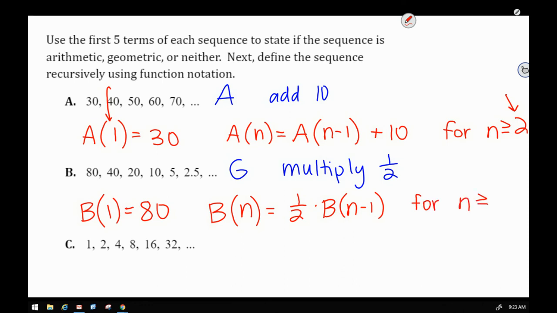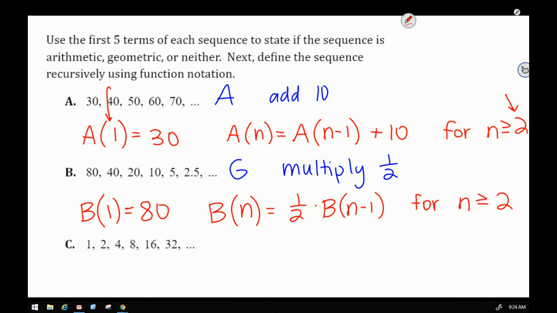And greater than or equal to, if I started with 1, this will be 2. Okay, so I have all three parts. I have my starting value, I have my general rule, and I have my domain.